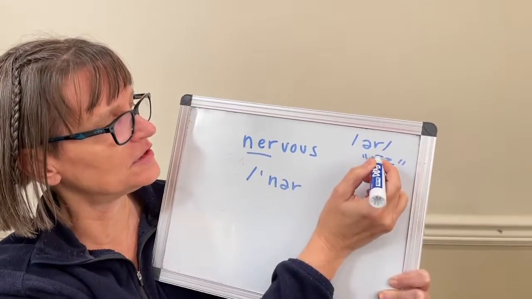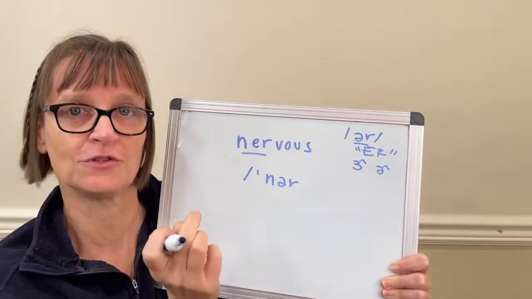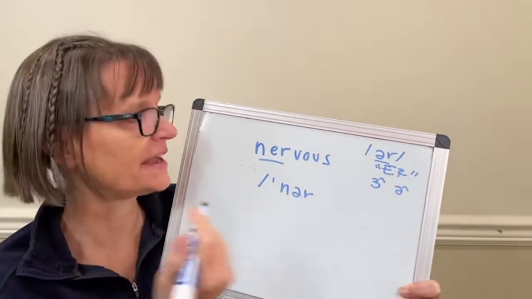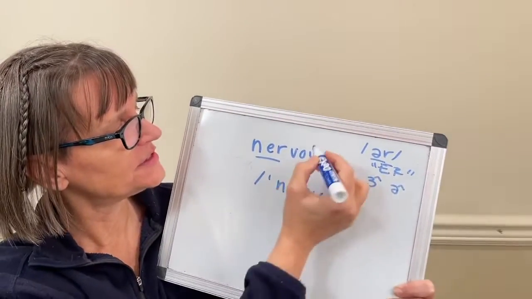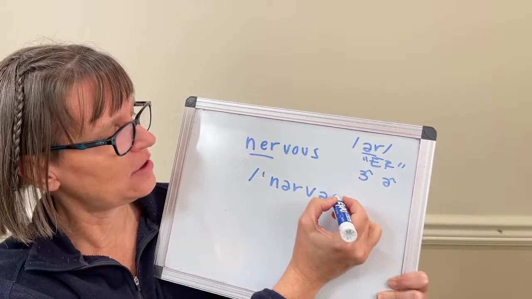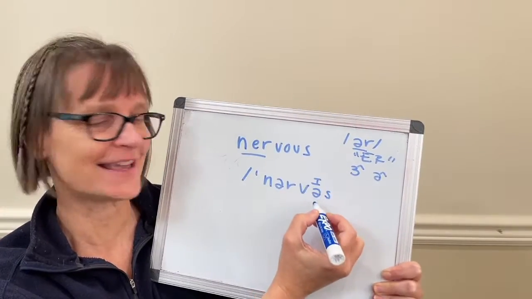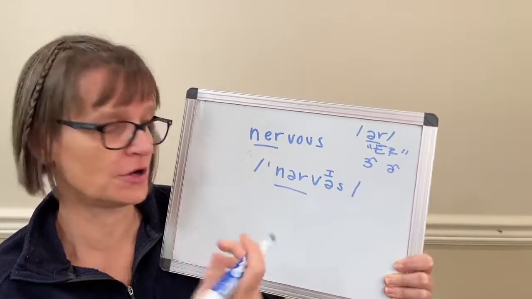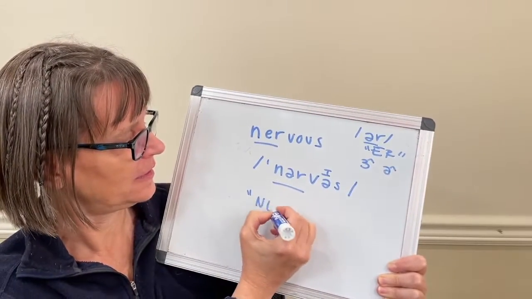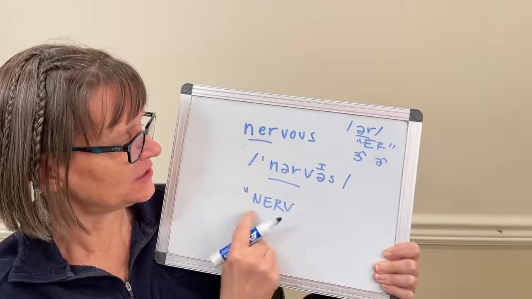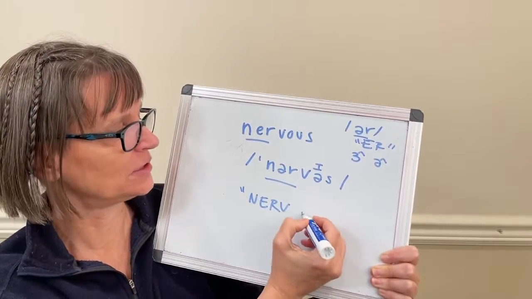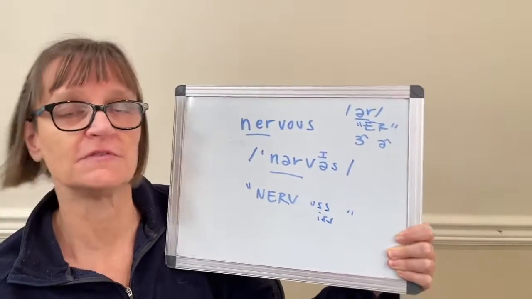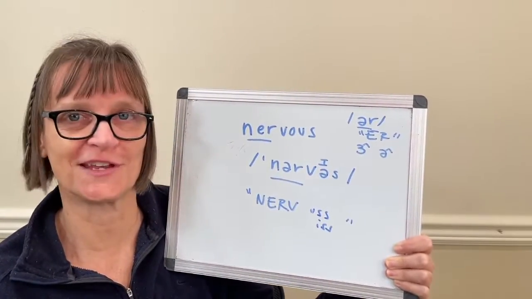I think that can be confusing for listeners. So just knowing that even though there's two symbols there, it's really just one sound, when R is a vowel sound. And then in nervous, the second syllable is going to have a reduced vowel. We'll either say that as an I sound or an sound. So it's just like the word nerve, which is spelled with an E at the end, but I'll just write it here without that E. And then a short little us or is, nervous. He was very nervous during his presentation.